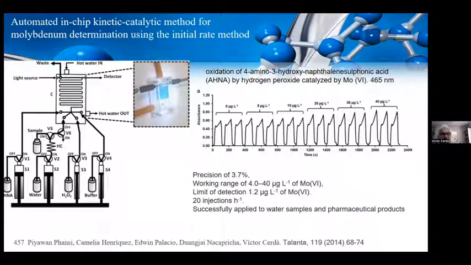Here you have, for example, the determination of molybdenum blue that catalyzes the reaction between this organic compound and hydrogen peroxide. You can see how the slope changes depending on the concentration of the molybdenum blue, using the stop flow method. In this case, we have had the help of a device made using a 3D printer.